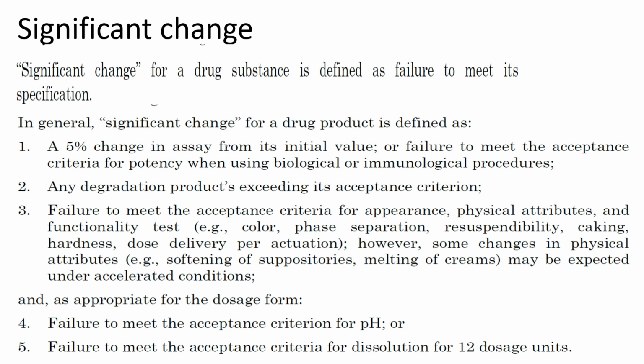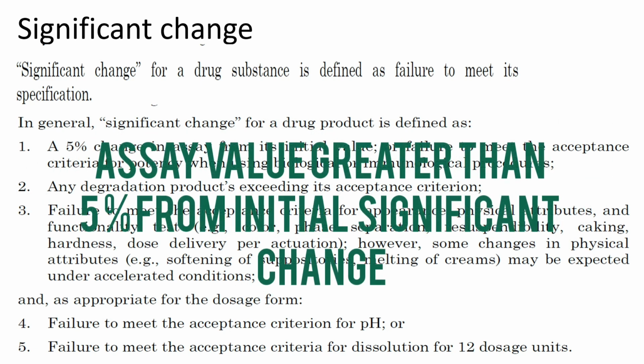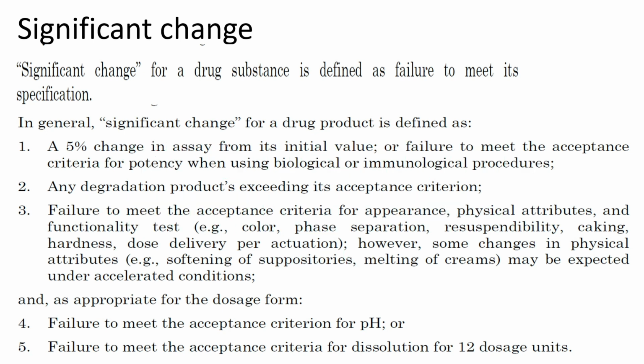Failure to meet the acceptance criteria for dissolution for 12 dosage units, again out of specification of dissolution, is a significant change. If you see the complete significant change data, only for the formulation product assay, if it changes from the initial value by 5%, then it is a significant change. For all the other tests, an out of specification result is considered a significant change.